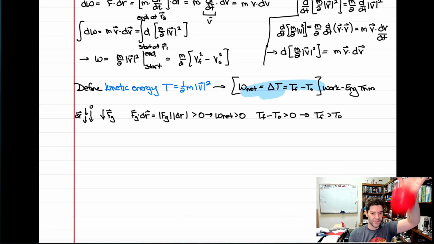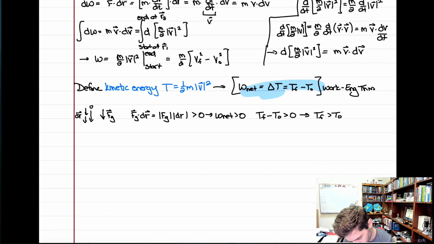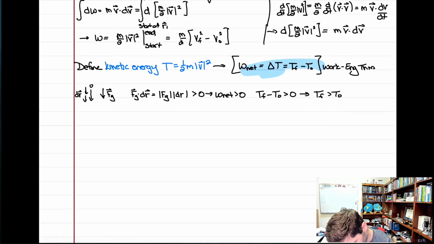It is moving faster when it reaches the bottom compared to what it was doing at the top, even if it was moving when I initially let go at the top. If I threw it down, it still speeds up because the force is doing positive work. Positive work speeds up. Or we can just summarize that: if that net is positive, speeds up. If that net is negative, slows down.